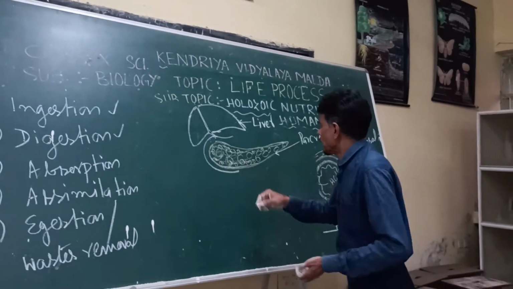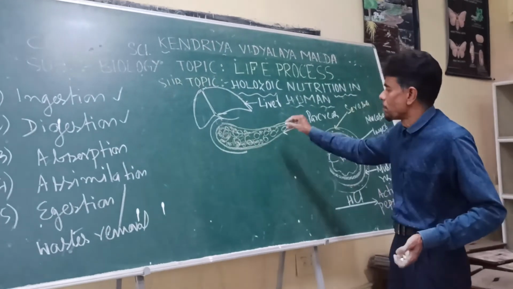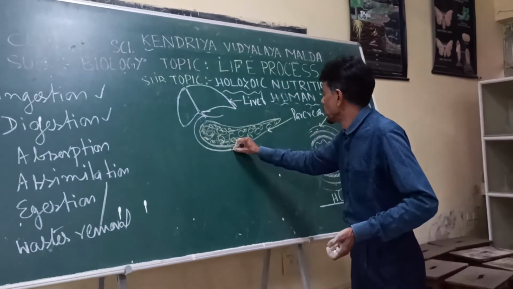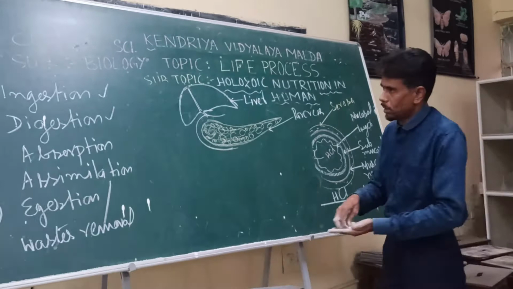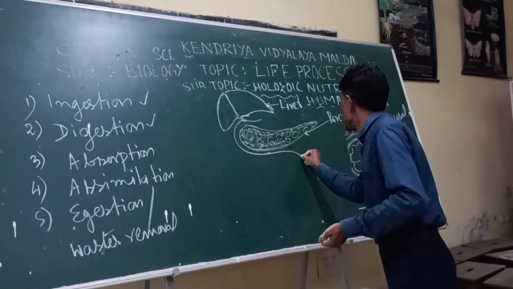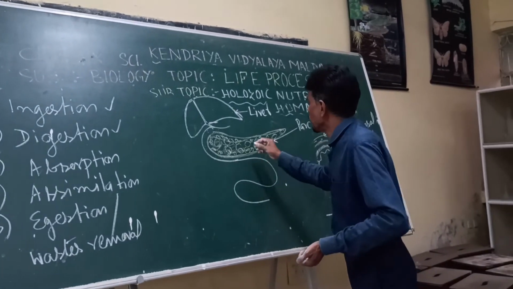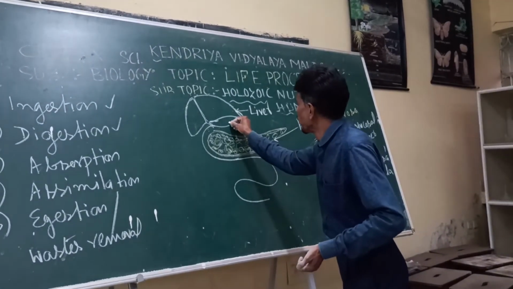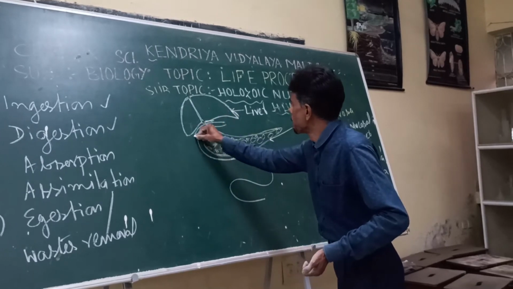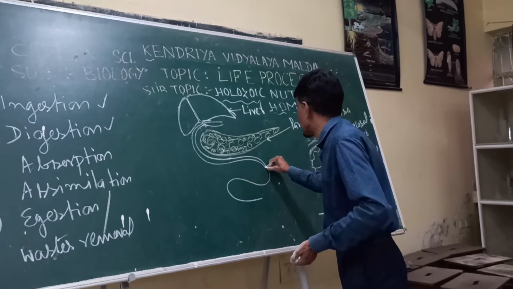Now, if I extend my diagram, this is now a highly coiled part of the duodenum, entering into the highly coiled part of the latter part of the small intestine.